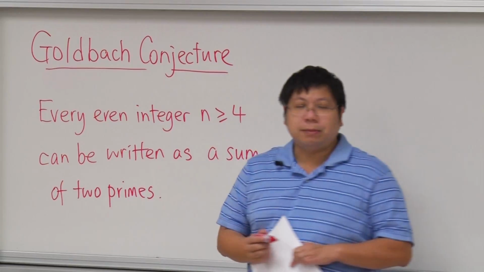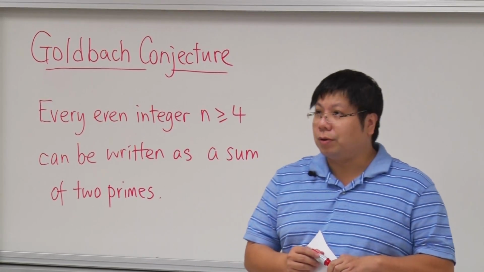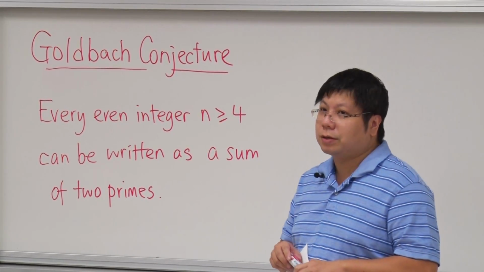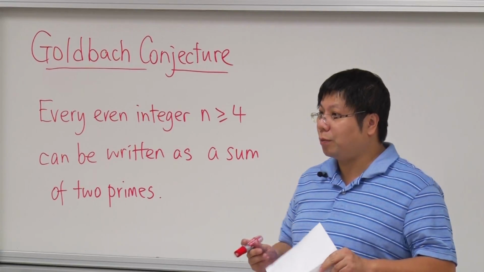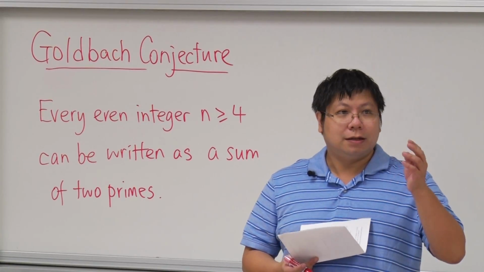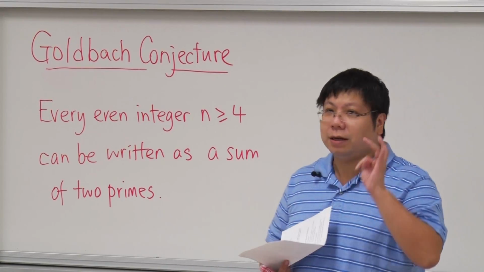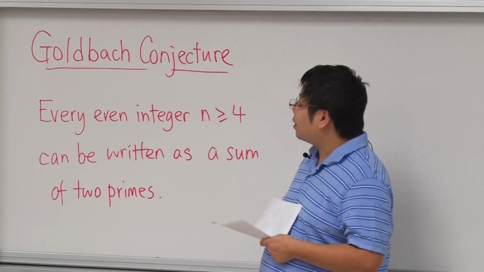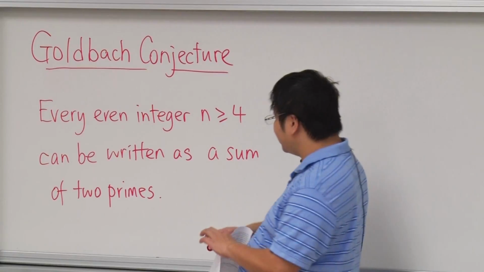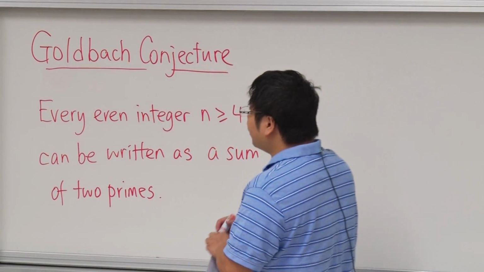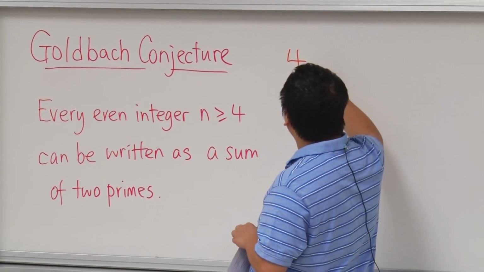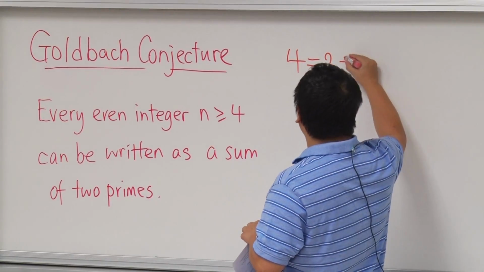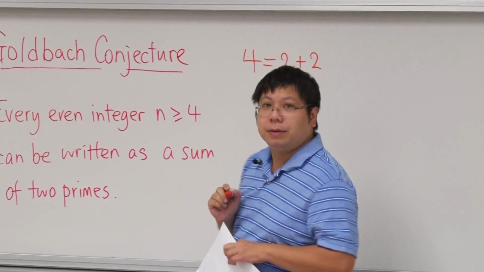Okay, so prime numbers, we all know, right? Prime numbers are positive integers greater than 1 such that they have only itself and 1 as factors. So here, the Goldbach conjecture is like this. For instance, if you look at the number 4, 4 can be written as 2 plus 2, prime and prime. Is that okay?